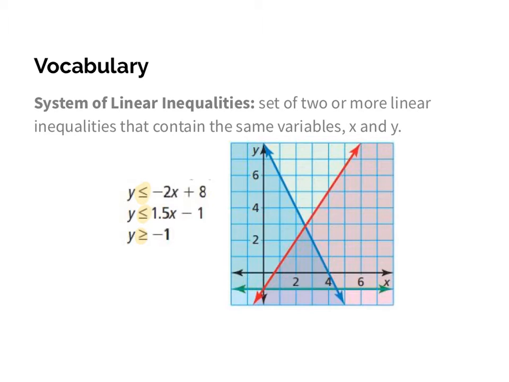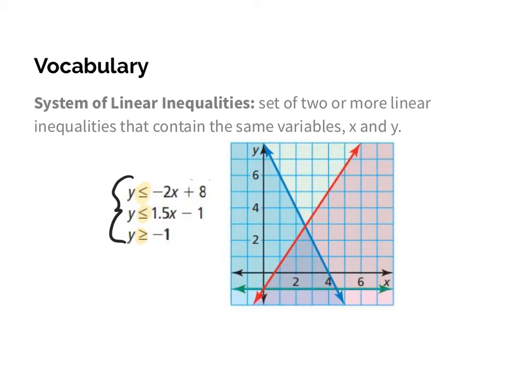But now a system of linear inequalities is going to be all that, but we're going to have two or possibly more linear inequalities in one. So this would be an example of what a system of linear inequalities looks like. Notice here that I have 3 inequalities. More likely the examples we'll give you will have 2, but this is just having 3.